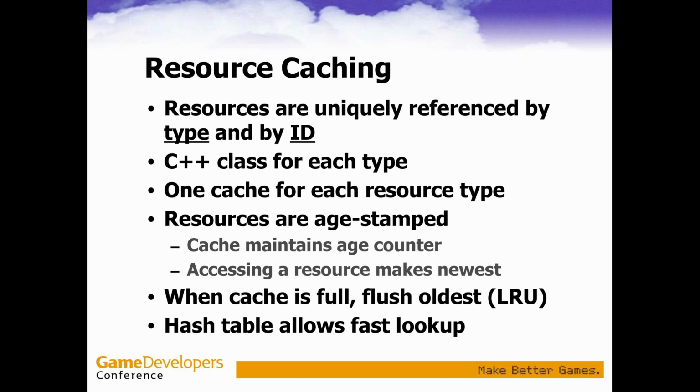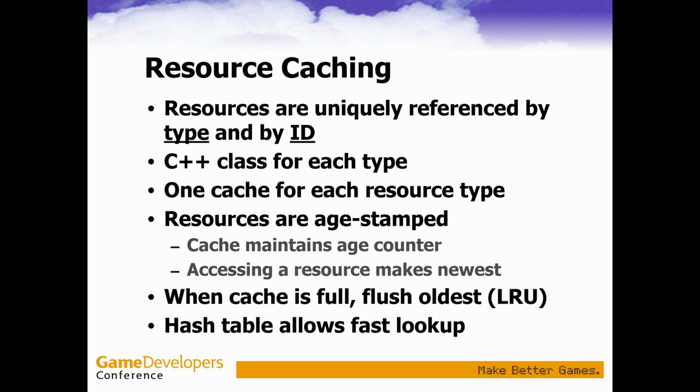The cache increments the age counter every time any resource is accessed. Whenever you retrieve something from the cache, it stamps that counter onto the resource. So when the cache is full, it can easily tell which resources are the oldest and remove those from the cache.